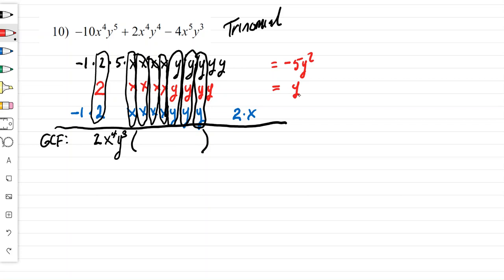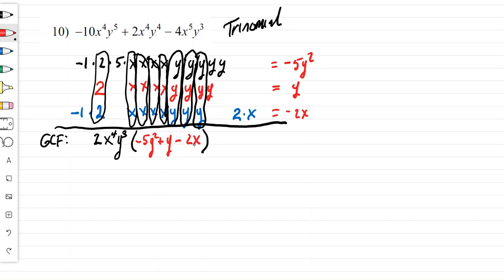I got a negative 1, a 2, and an x, so that's negative 2x. All right, so put them in order. Top one first, negative 5y squared plus y minus 2x.